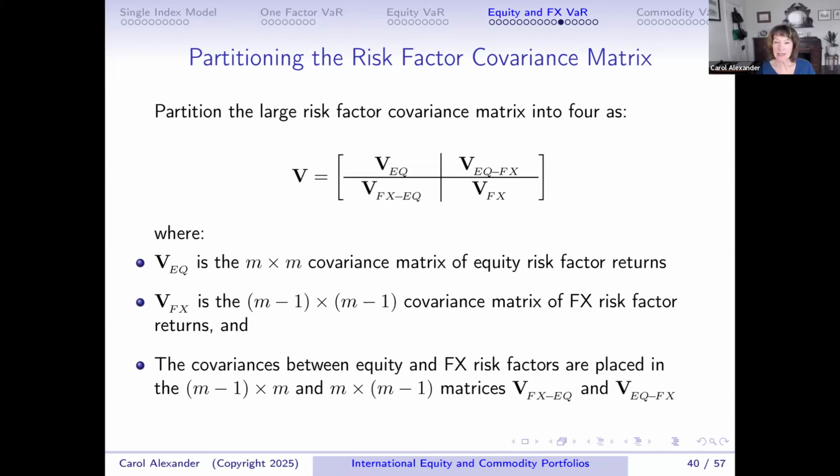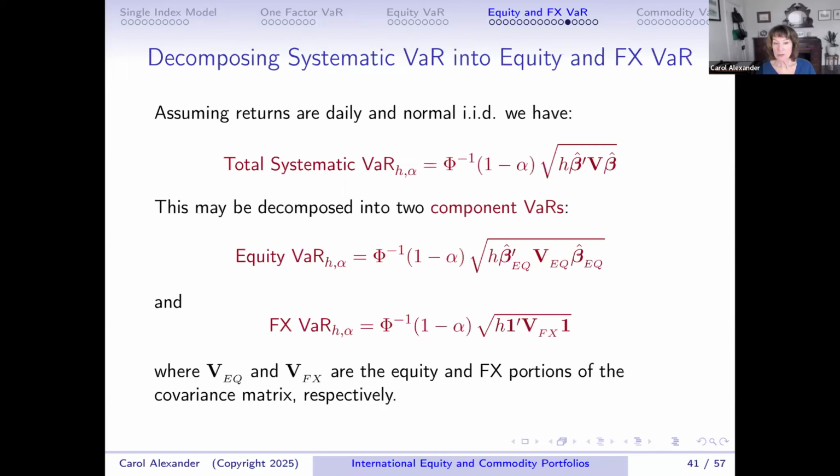We're just going to pick out the equity component and the FX component as component VaRs, but the total VaR does include the equity FX covariances because it uses the whole of V. So the total systematic VaR uses that great big beta and the great big V. And again, assuming that returns are daily and normal, we'll use the normal model, and the H is there to scale using the square root of time rule, and we scale it up for like 10 days.